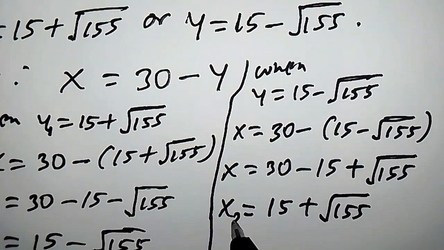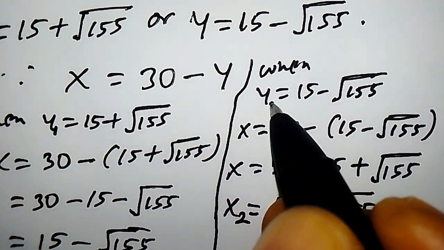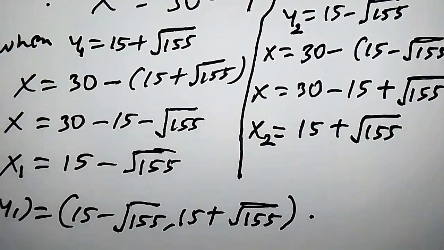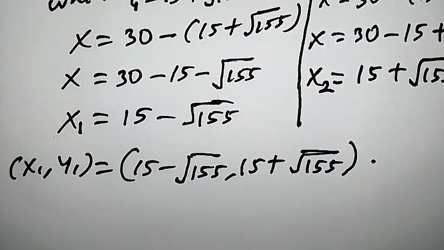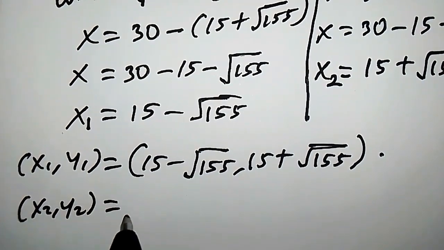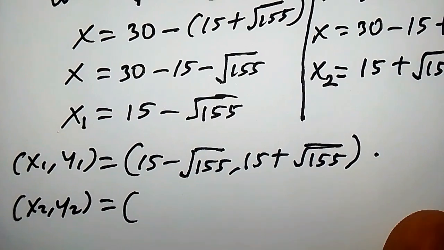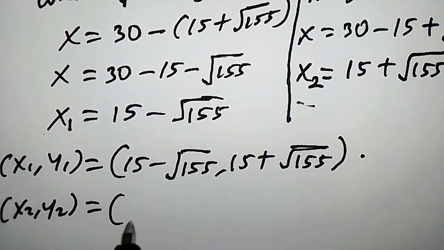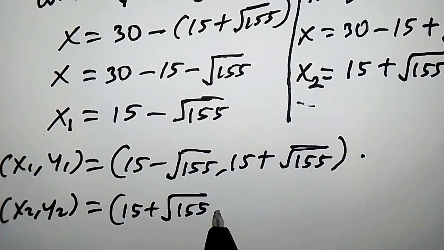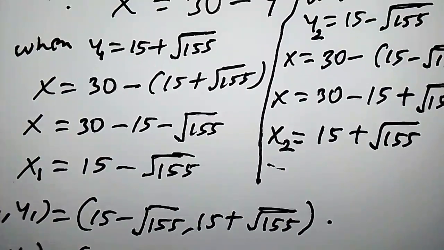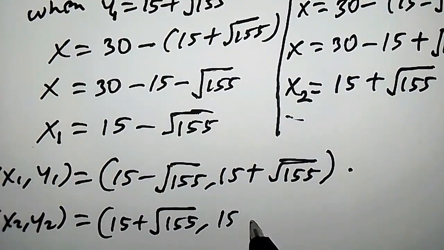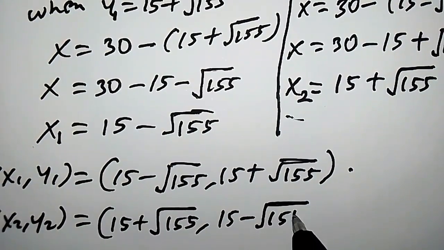Let us call it x2 and this y2. This means that the second solution for this algebra problem is x2, y2, where x2 is 15 plus root 155, and y2 is 15 minus root 155.